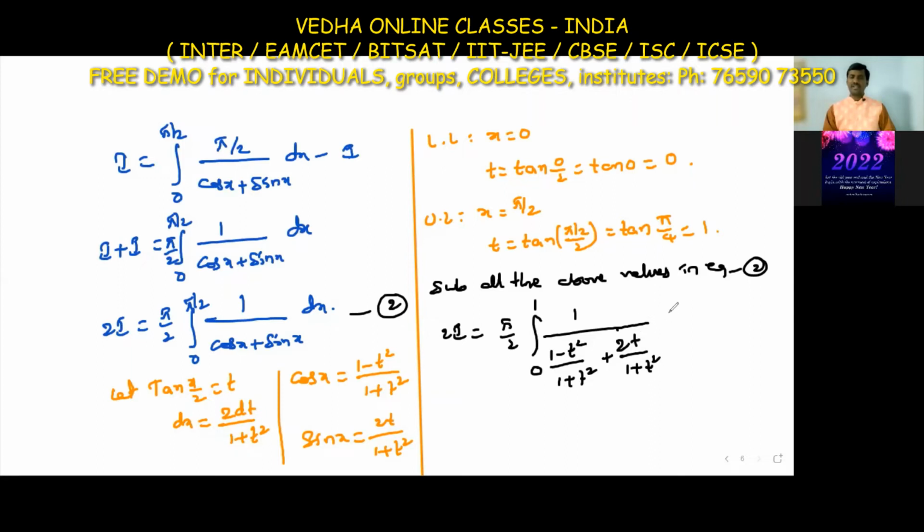What about the dx here? dx replaced with 2 dt by (1 plus t square).